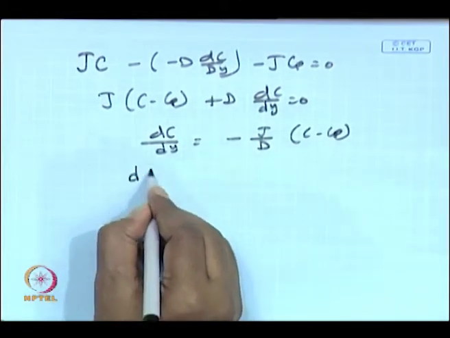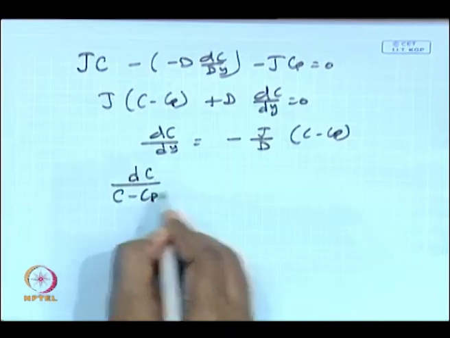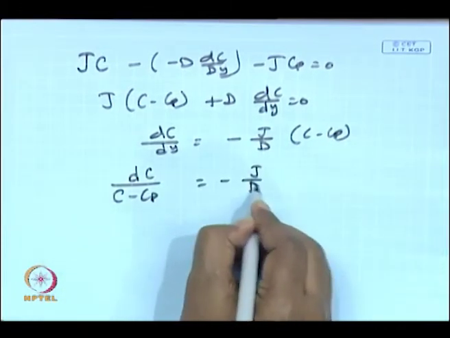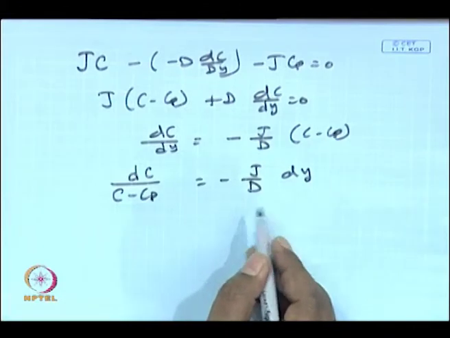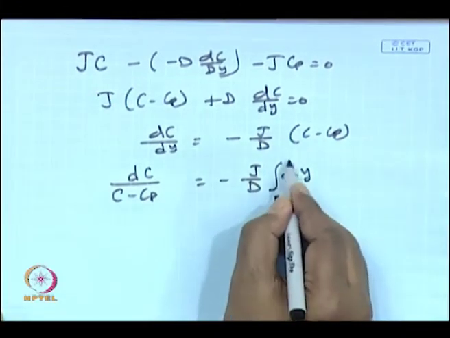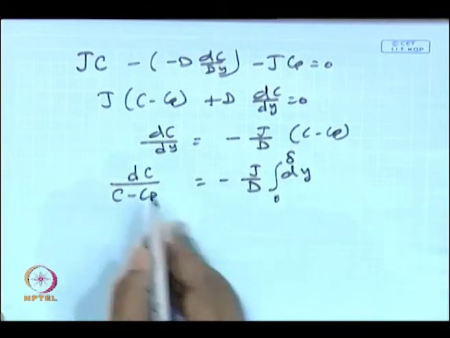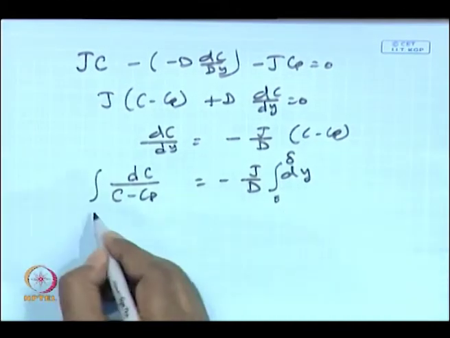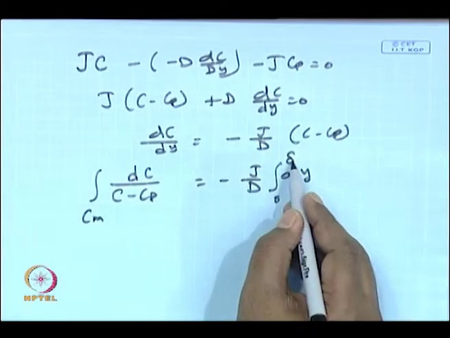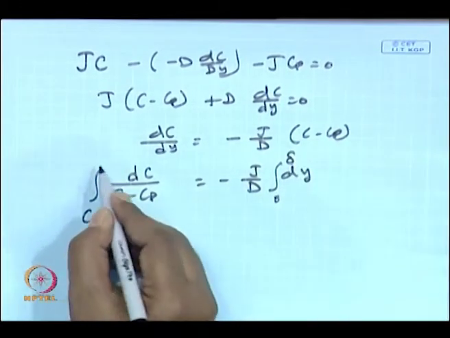Separate the variables: dC by (C minus Cp) will be minus J by D dy, and integrate over the thickness of the mass transfer boundary layer from 0 to delta. Let us say delta is the thickness of the mass transfer boundary layer, and at 0, on the membrane surface, the concentration is Cm, and at the edge of the boundary layer, at delta, C is equal to C naught.